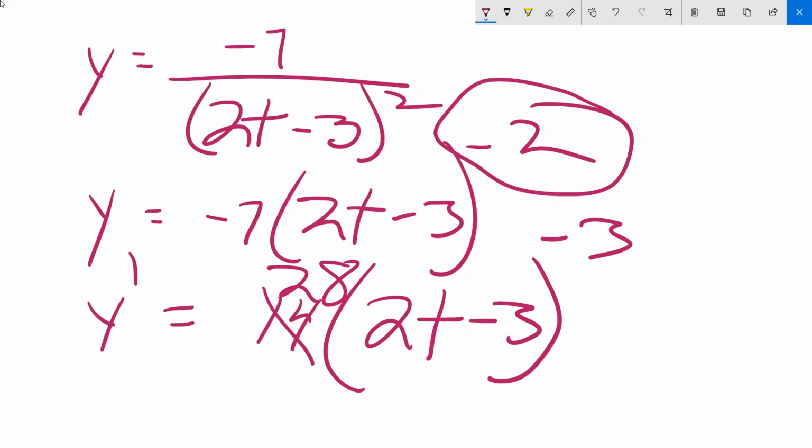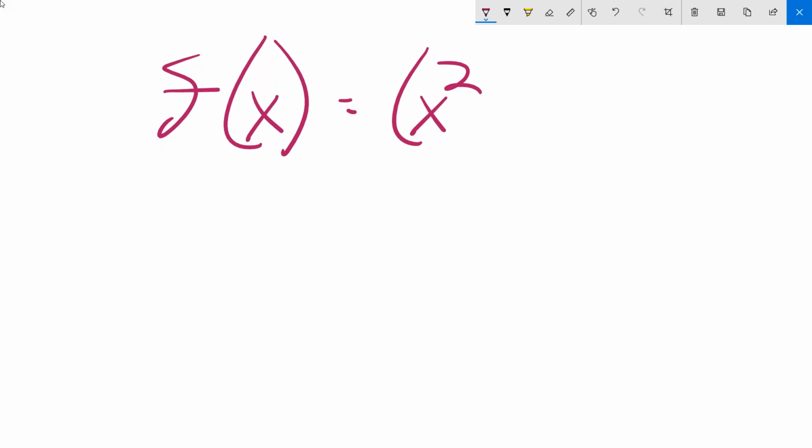Let's just talk about this for a second. Is there an x that makes f of x undefined? Bad example, I guess.